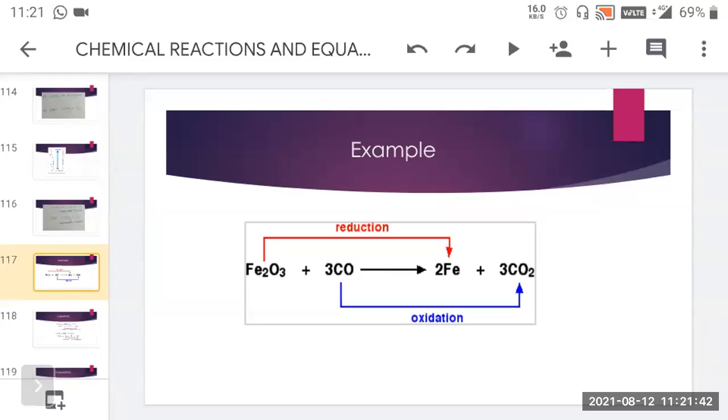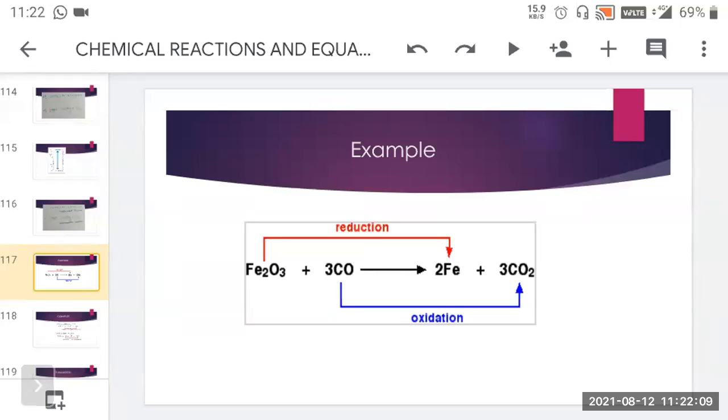So here the concept of redox reaction appears, which is the oxidation and reduction reaction. That means in a redox reaction, both reduction and oxidation take place. So here in this case, as you can see, Fe2O3 donates its oxygen to the carbon monoxide. That means removal of oxygen takes place from Fe.